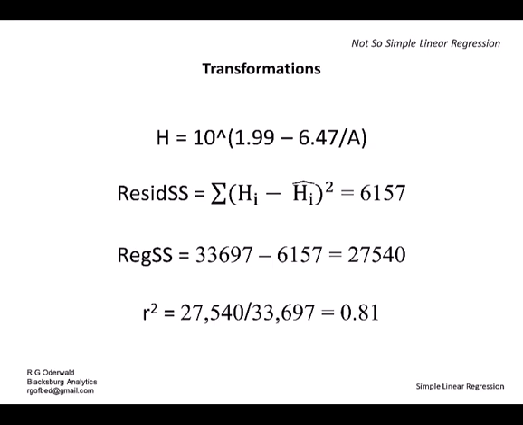The regression sum of squares is the total sum of squares minus the residual. Dividing this by the total sum of squares gives an R-square estimate of 0.81 for predictions of untransformed height. This is less than the R-square of 0.87 for the log of height.